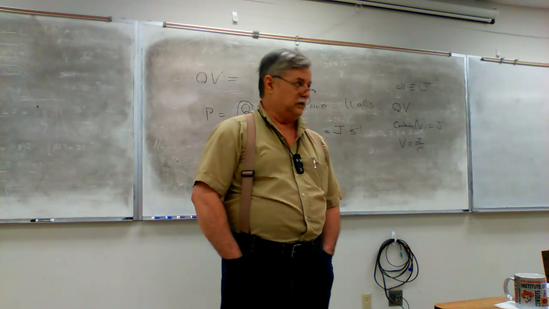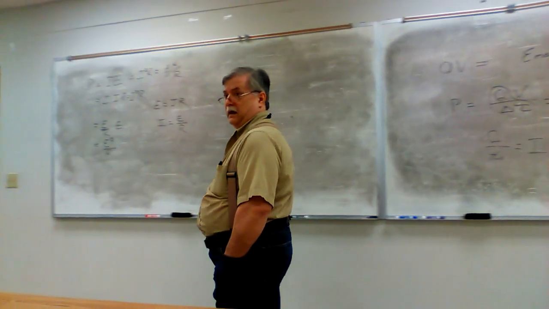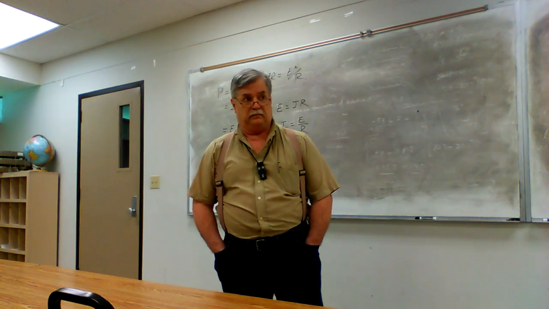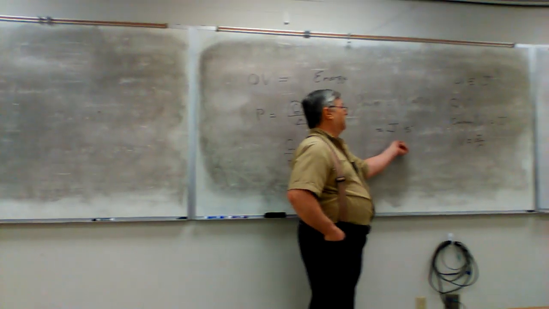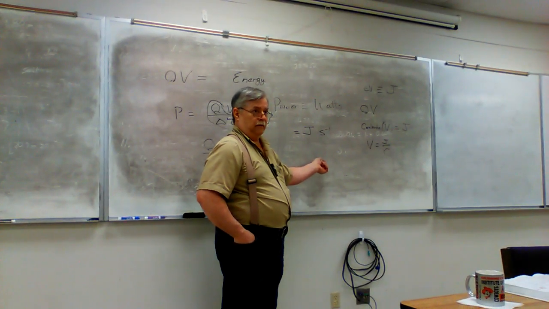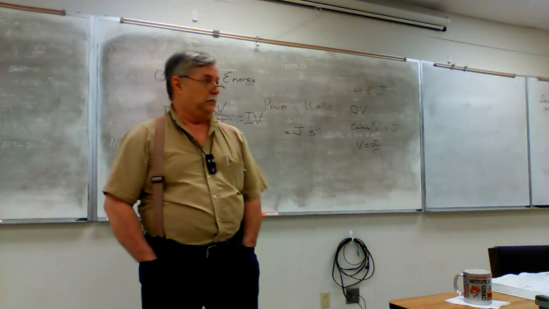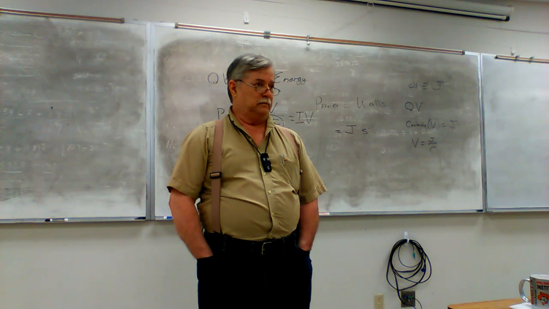And they don't use seconds, they use hours. But it's still the same thing. They're multiplying power times time, going from joules per unit time times time back to the total amount of energy that you used. That makes sense to everybody?